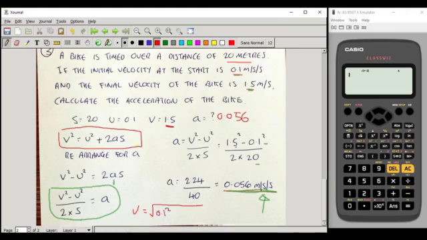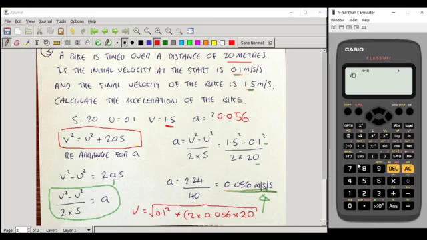So 0.1 squared plus 2 times the A, this is our value that we've worked out. So if this works, we know that our 0.056 is correct. 2 times 0.056 times S. What's S, did we say? 20. So whack that in your calculator and it should, hopefully anyway, work out.